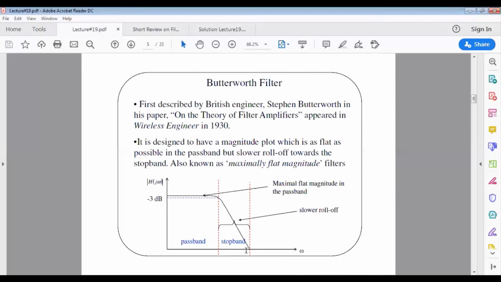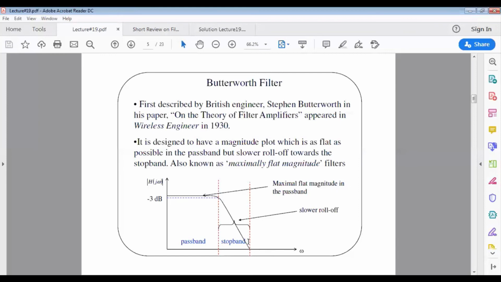So it can be said that the Butterworth filter is good in terms of response, because we have a flat passband. However, in terms of frequency selection, it's not that good because the roll off is slower.